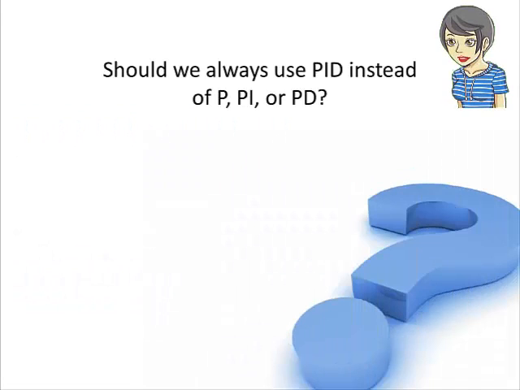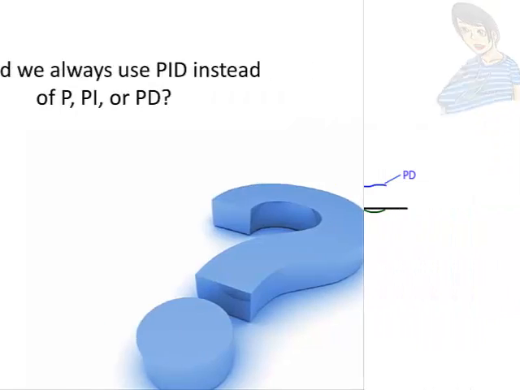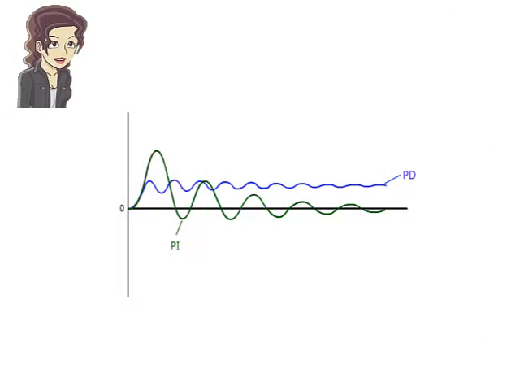Question 3. It looks like the PID controller gives the best performance. Should we always use PID instead of P, PI, or PD? There is no one best controller type for all situations. Generally, the type of system that we're trying to control and its expected behavior dictates the type of controller that we want to use.